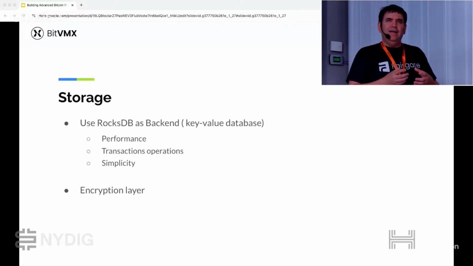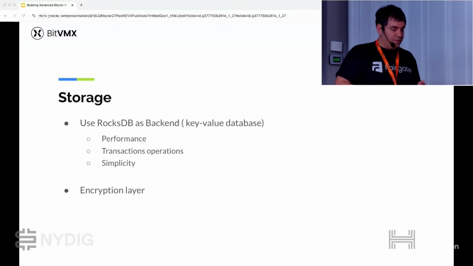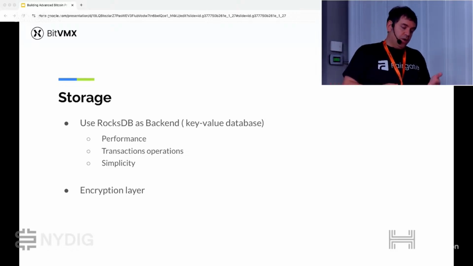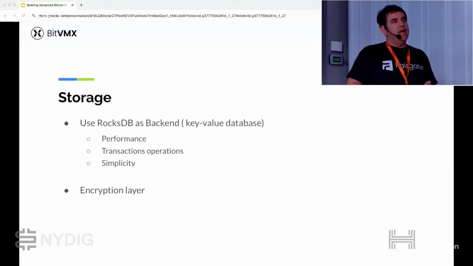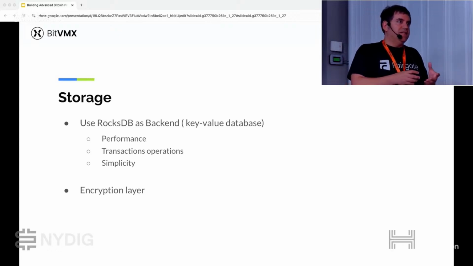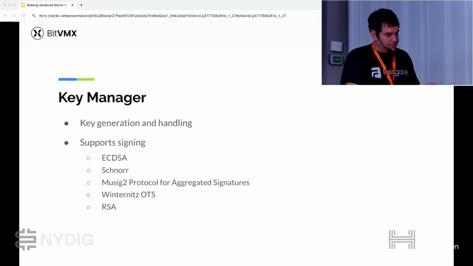It's simple and, in a way, also agnostic, and gives flexibility to the other applications built on top to store information without requiring a more structured database. On top of that, we have an encryption layer for storing keys, partial signatures, or important information that cannot be disclosed.